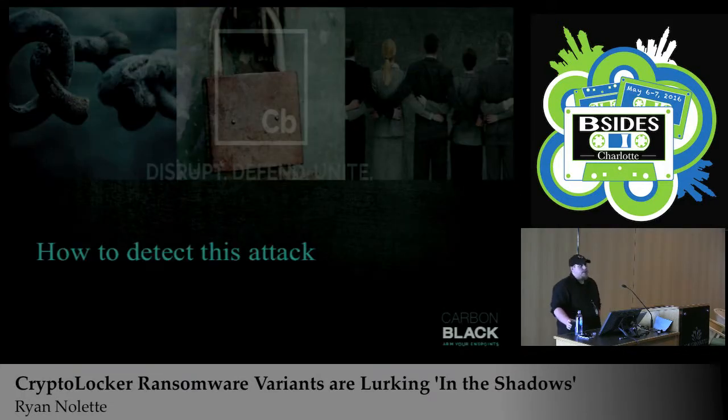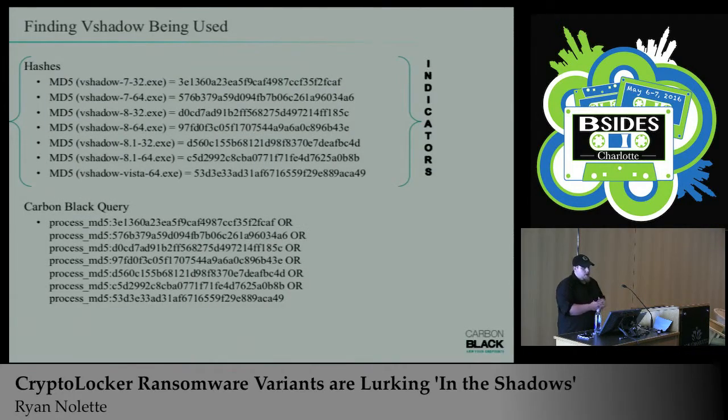So how do we detect this attack? There was a lot of information about how different files were created, different things in the file system that were changed, all these variants. So first and foremost, you've got to work with what tools you have, right? Here, I have broken out the attack into a few different things.